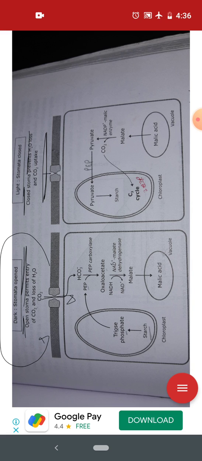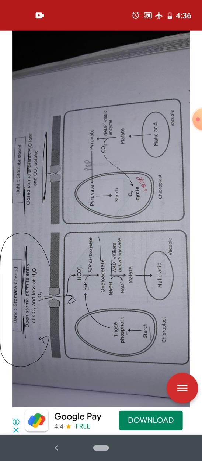At night, CO2 is captured by PEP carboxylase in the cytosol of the mesophyll cell, and PEP is carboxylated to oxaloacetate.